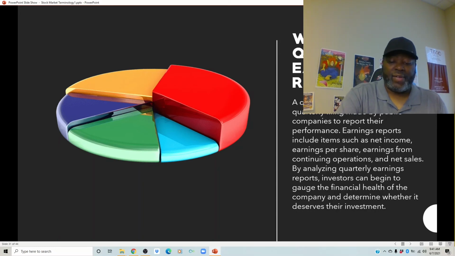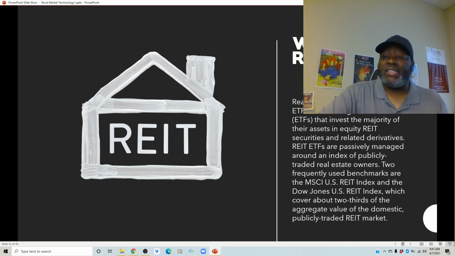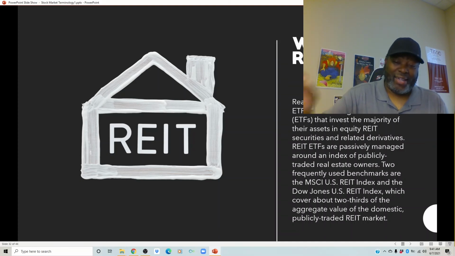deserves their investment. What is a REIT ETF? Real Estate Investment Trust, or REIT ETFs, are exchange traded funds. Here we go again, that term came again. ETFs that invest the majority of their assets in equity REIT securities and related derivatives.